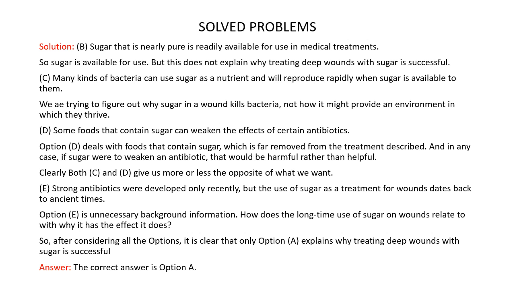So option E also is not relevant. So after considering all the answers, it is clear that only option A explains why treating deep wounds with sugar is successful. So the correct answer is option A.